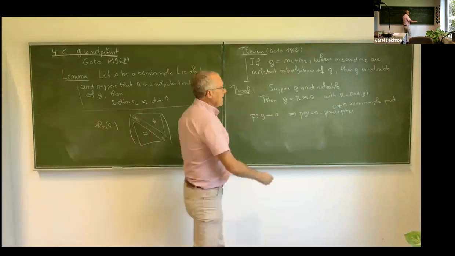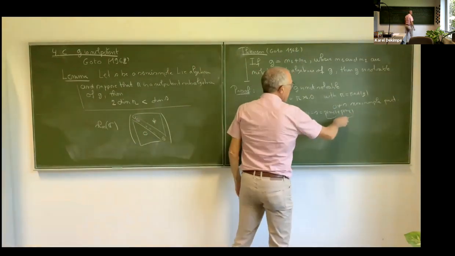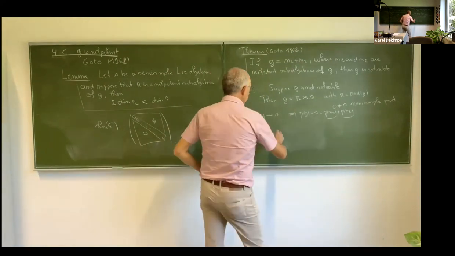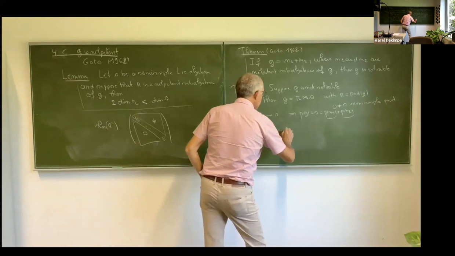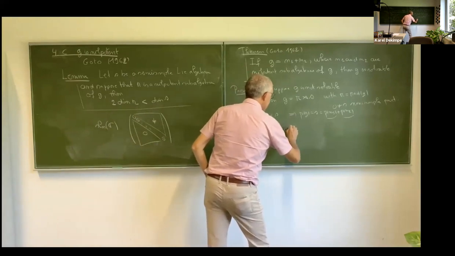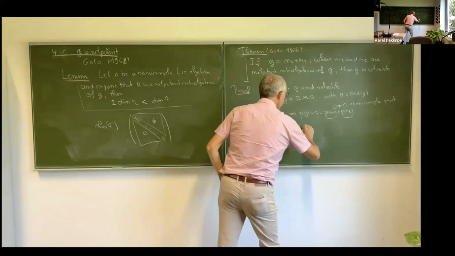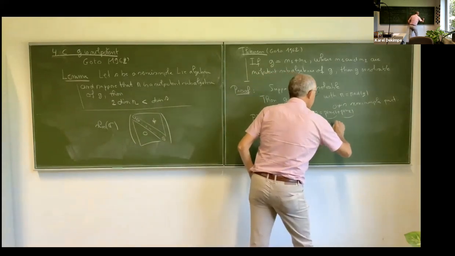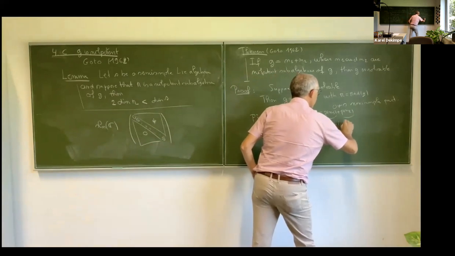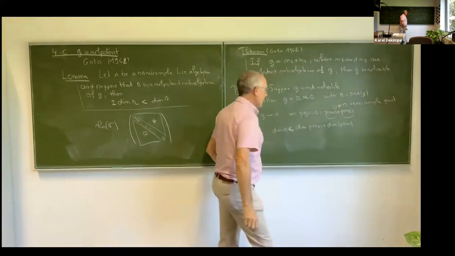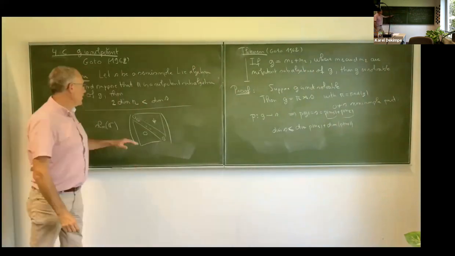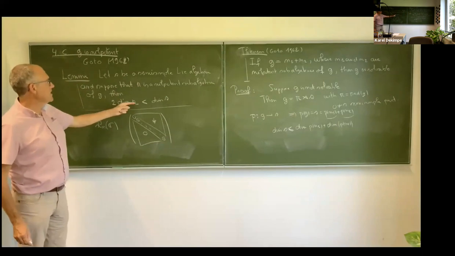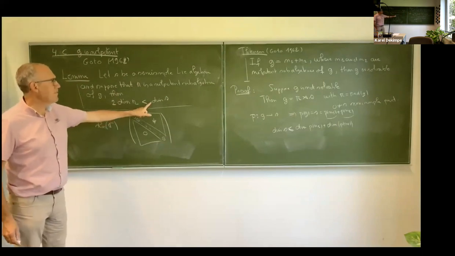Now these are nilpotent subalgebras of S. And so it follows that the dimension of S is at most the sum of the dimensions of these two subspaces. And now by the lemma, if we believe this lemma, the dimension of a nilpotent subalgebra of S is at most slightly less than half of the dimension of S.